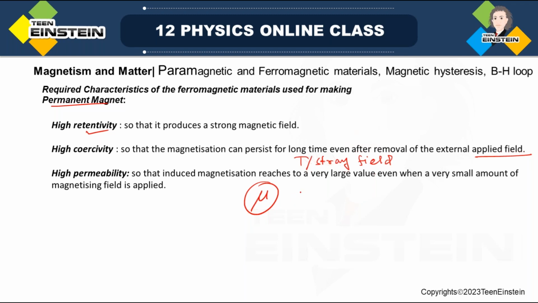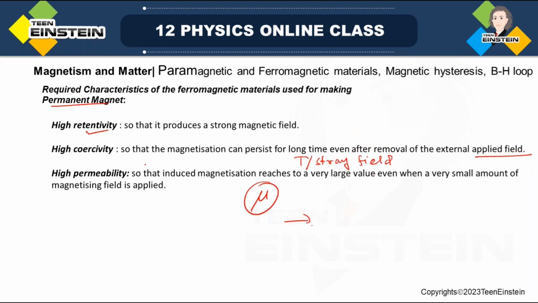High permeability means it will be easily magnetized: if you apply a small field, the magnetization will be of a large value. So these are three necessary characteristics of a magnetic material to design a permanent magnet.